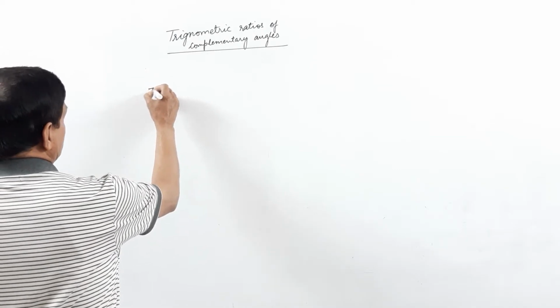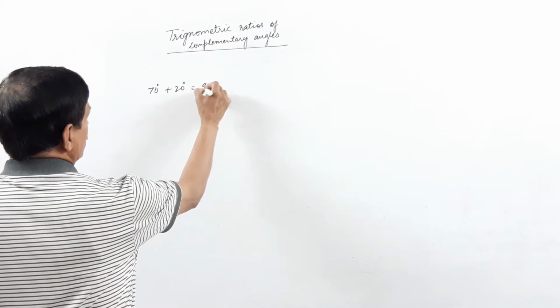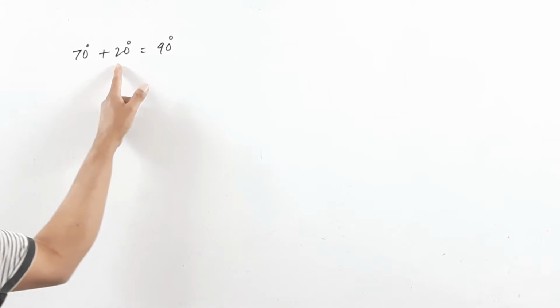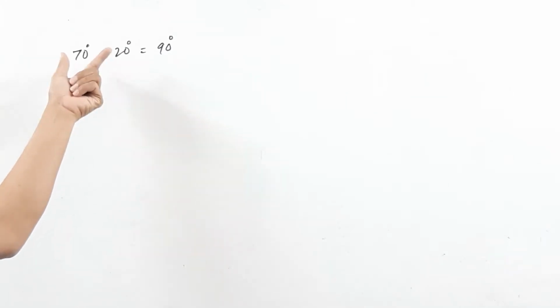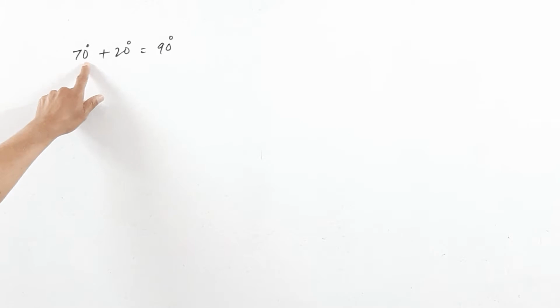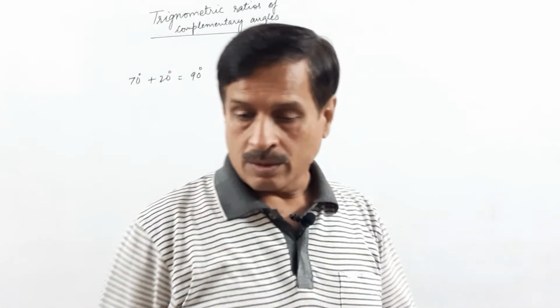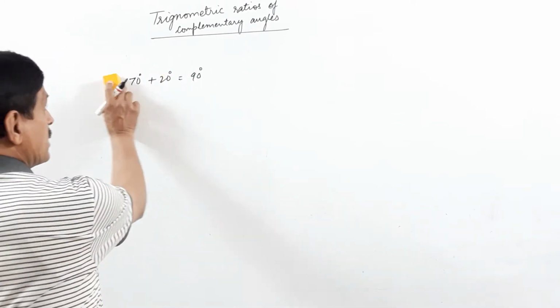For example, 70 degrees and 20 degrees sum to 90 degrees. So 70 and 20 are complementary angles. Two angles are complementary if their sum is 90 degrees, and each angle of such a pair is called the complement of each other.